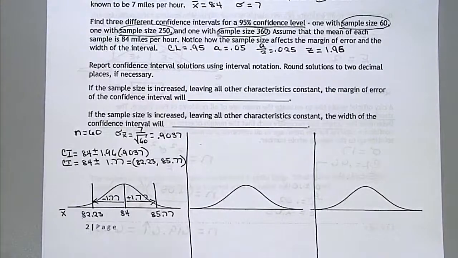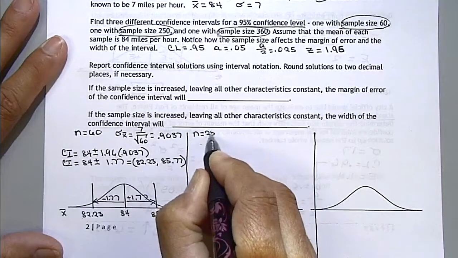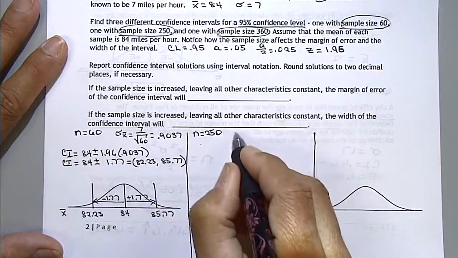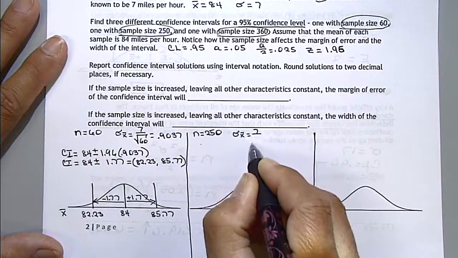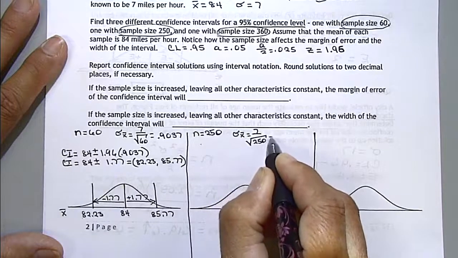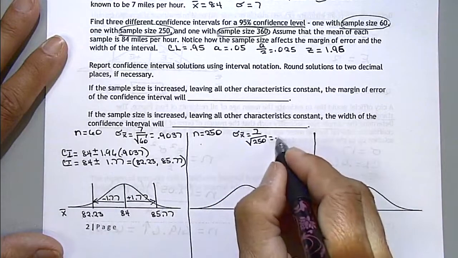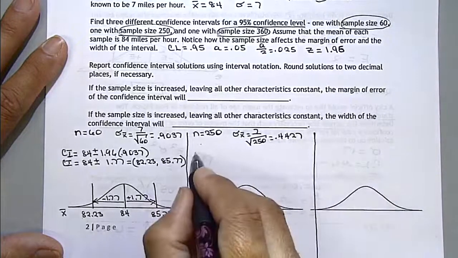Next one, sample size change. The second one we've got to do is n equal to 250. So what are we going to change? Standard deviation. I've got to take my population standard deviation, and this time I divide it by the square root of 250. And I came up with 0.4427. So that changed everything.